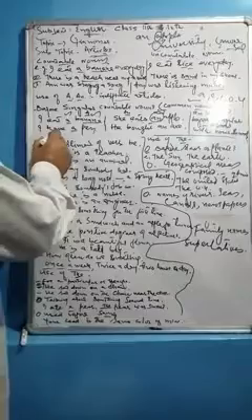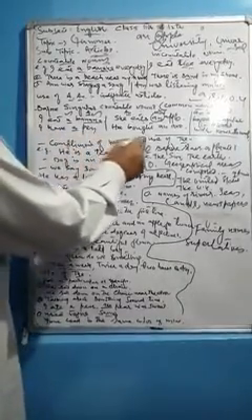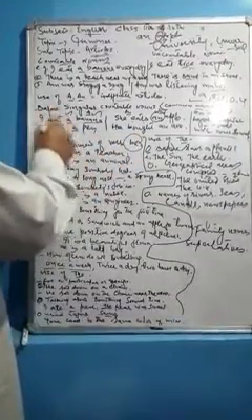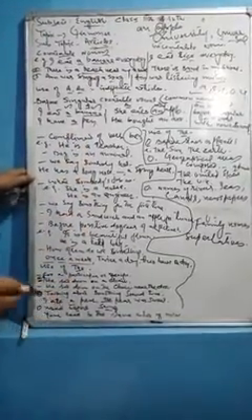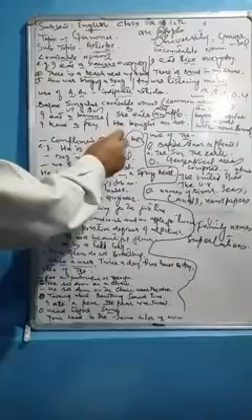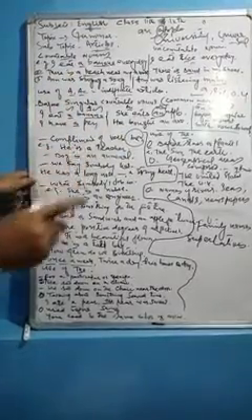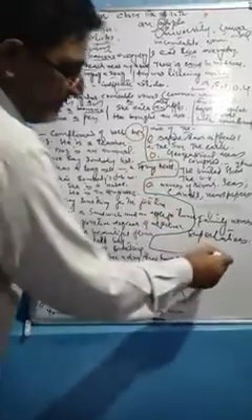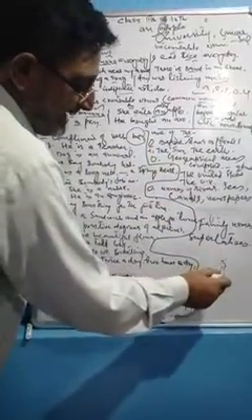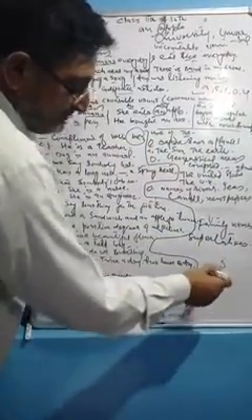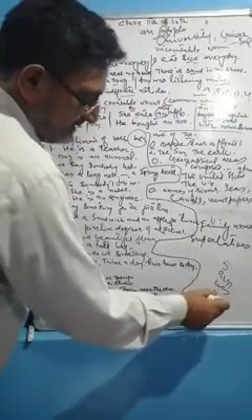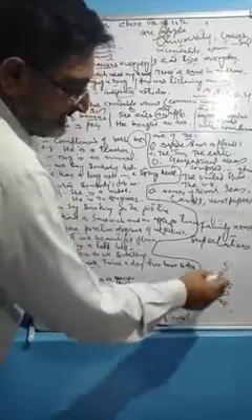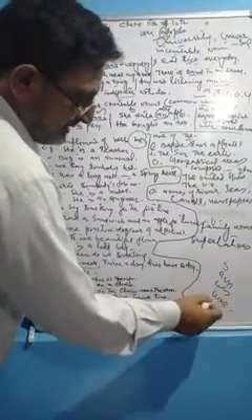Now complements of verb be. A and an are used as the complement of verb be. And you have already read it, be. Be is in the form of is, or we can say am, or was, or were, or are.